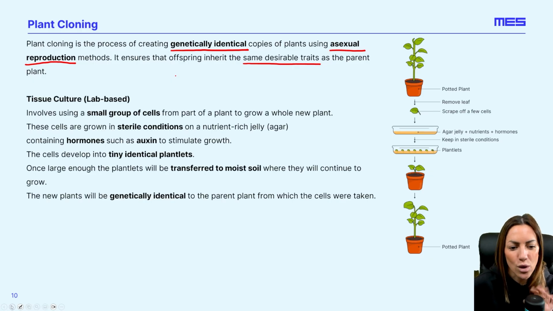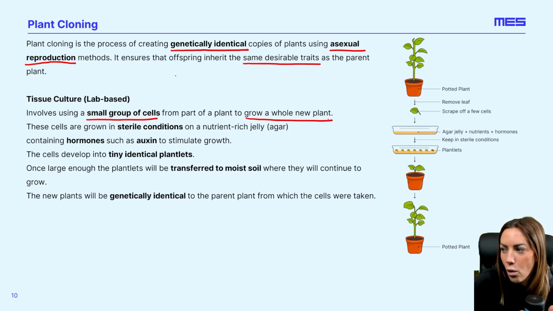The first one is called tissue culture. Now, tissue culture, as the name suggests, a tissue is like a group of cells that carry out a particular job. But tissue culture basically involves using a small group of cells from part of the plant to grow a whole new plant. So here we've got the parent plant that we wish to clone.